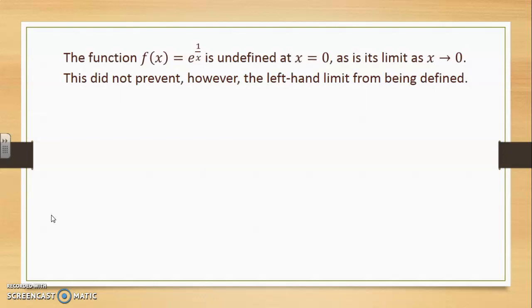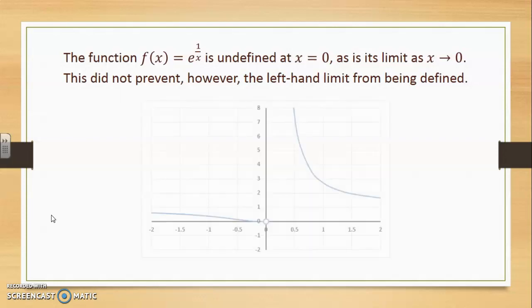The function e to the 1 over x is undefined at x equals 0, as is its limit. This did not prevent, however, the left-hand limit from being defined. So you can see how there are certain contradictions between what our limits can produce as results compared to what the function's values can result in.